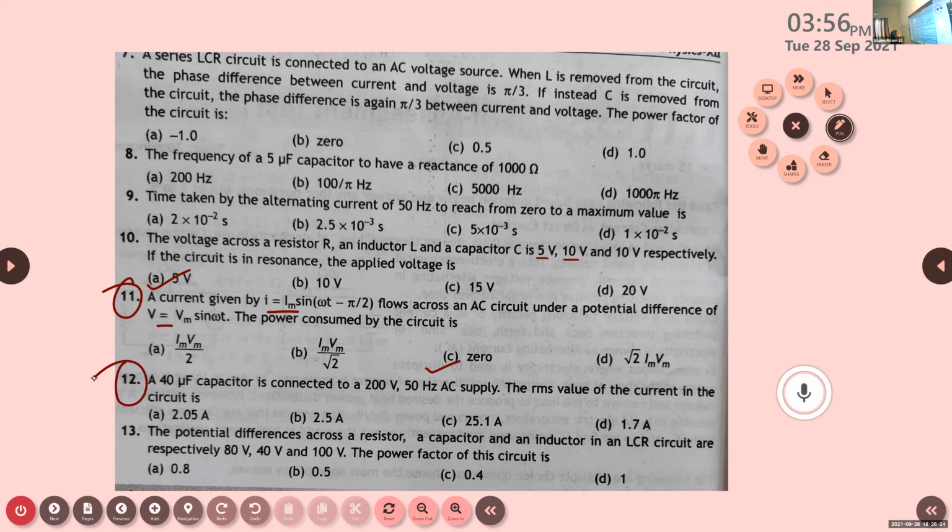A 40 microfarad capacitor is connected to a 200 volt 50 hertz AC supply. Then what is the RMS value of the current?